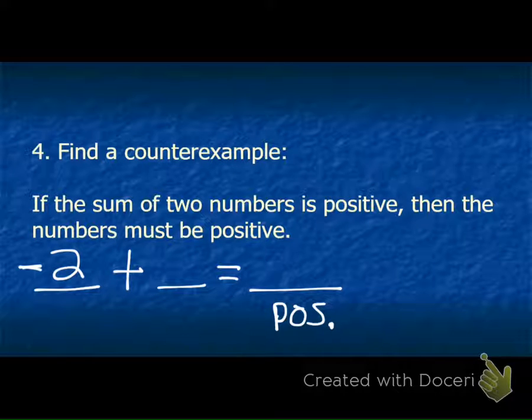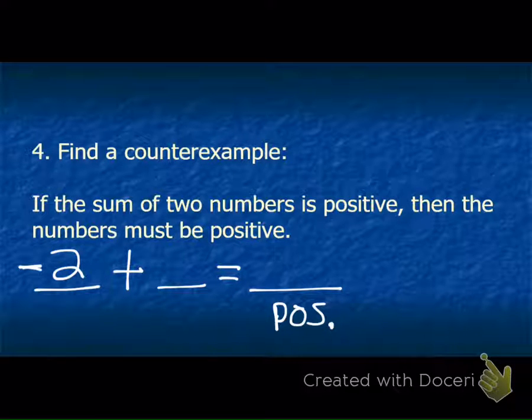Let's do -2 plus what will give me a positive number? -2 plus -2 will give me -4. We want the answer to be positive. 7. That'll give me a positive 5. So it's saying if the sum of these two numbers is positive, then the numbers must be positive. Well, we just proved that wrong because we just had a negative number plus a positive gave us a positive.